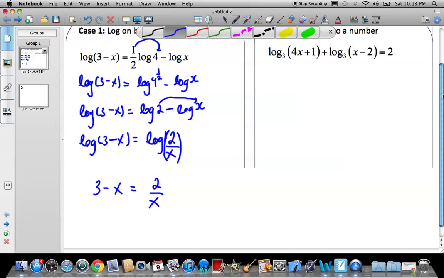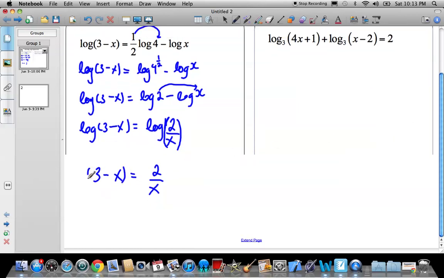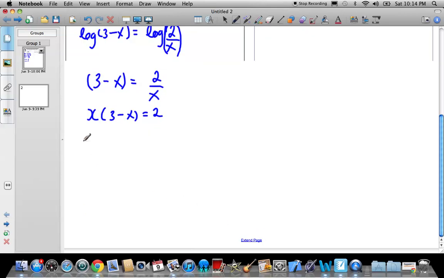Now once we get here, for this type of case, we can usually cross multiply. I'm going to take this x up here and multiply. So it's x times 3 minus x is equal to 2. Then I have 3x minus x squared is equal to 2. You guys know how I feel about having a negative in front of the x squared. I usually like to have it positive, so I'm going to take everything across. So 0 is equal to x squared minus 3x plus 2.